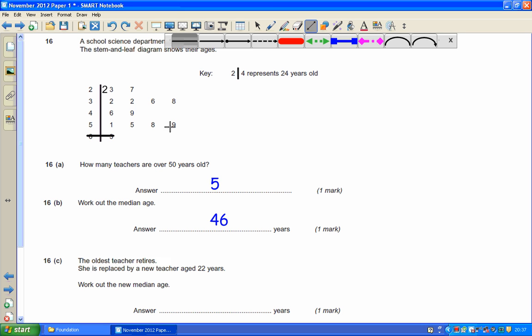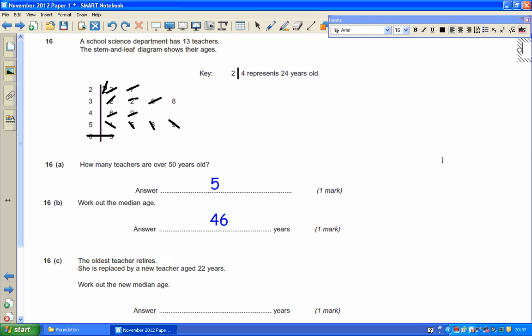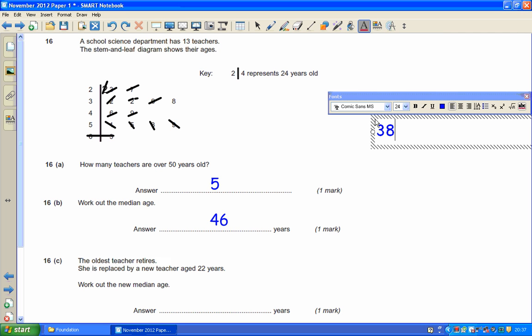Again, highest and lowest, highest and lowest, and so on, and our median is going to be 38.